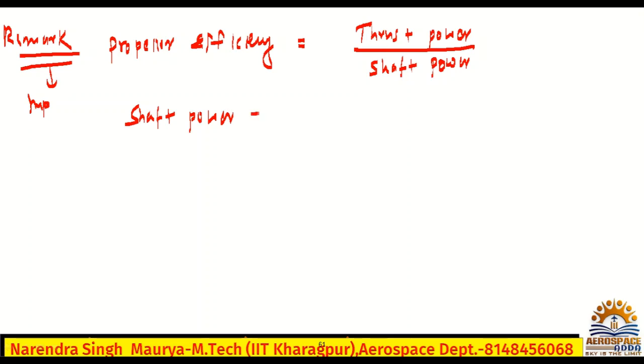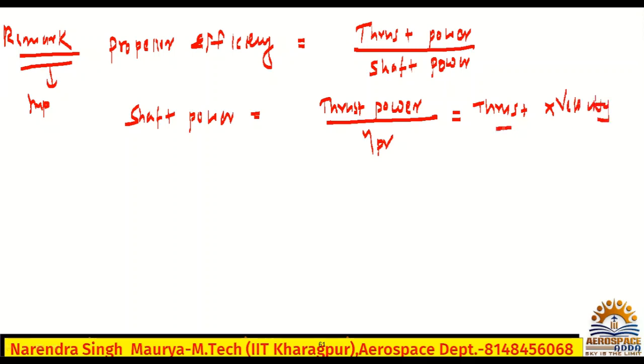So what is the shaft power? Shaft power will be thrust power divided by eta PR, the propeller efficiency. What is the thrust power? Thrust into velocity, divided by eta PR.